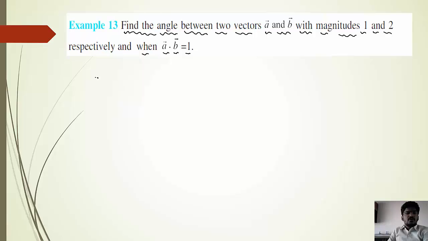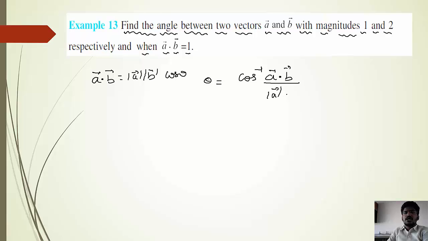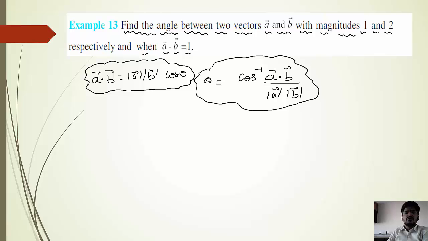We know that vector A dot vector B equal to magnitude of A, magnitude of B into cos theta. And we also know the formula for angle between two vectors is theta equal to cos inverse of vector A dot vector B divided by magnitude of vector A into magnitude of vector B. These two things we already know, so we have to use these two things. Are you getting my point, students?